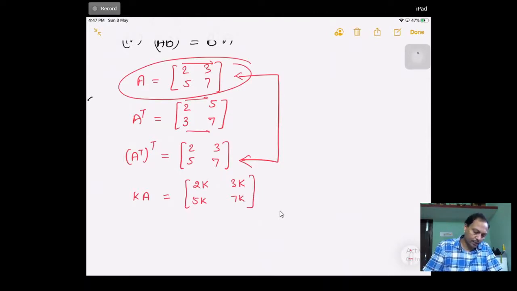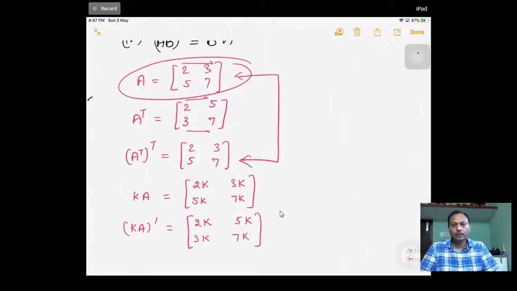And if we take the transpose of this matrix, then it will be 2k, 5k, 3k and 7k. This is the matrix multiplied by k and then transposed.